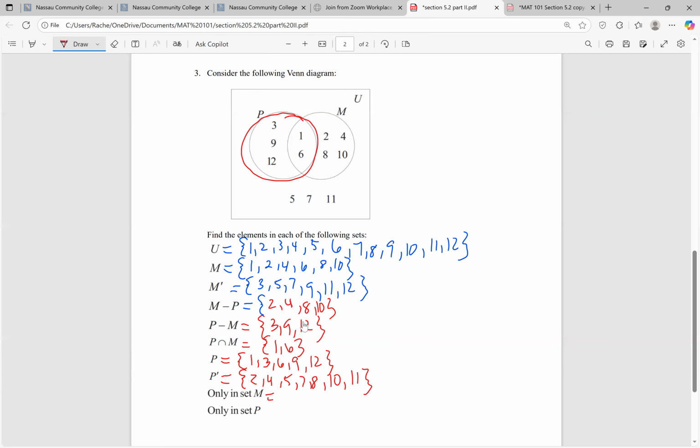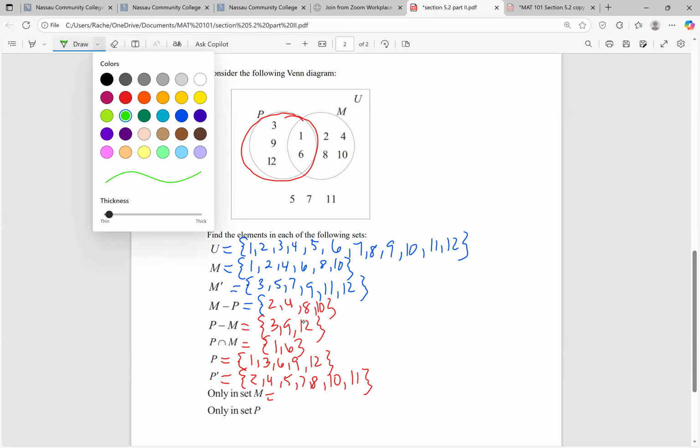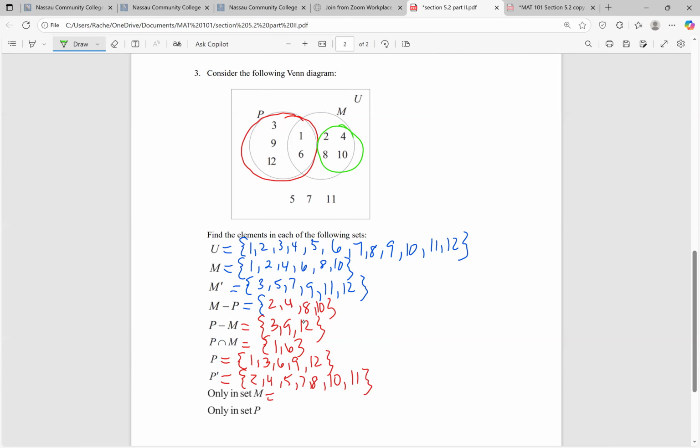So only set M is going to be 2, 4, 8, and 10. And only in set P is going to be 3, 9, and 12.